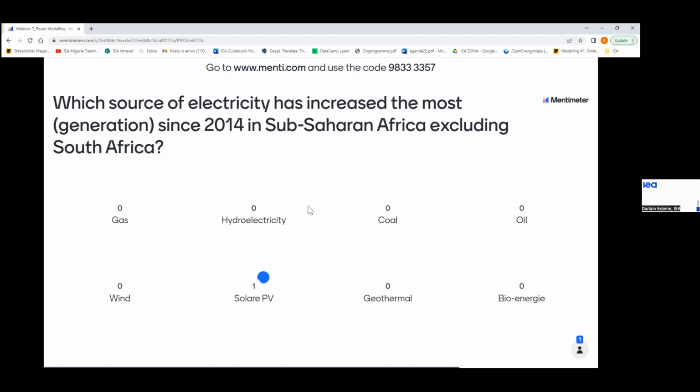What is the source of electricity which has increased the most? Think about the fact that when we are talking about a relative increase, for example in percentage, we are referring to what was the value in 2014 and what is the value today. So it's a bit tricky question, I guess. I'll give you a few seconds more to answer, and then I can give you the answer.